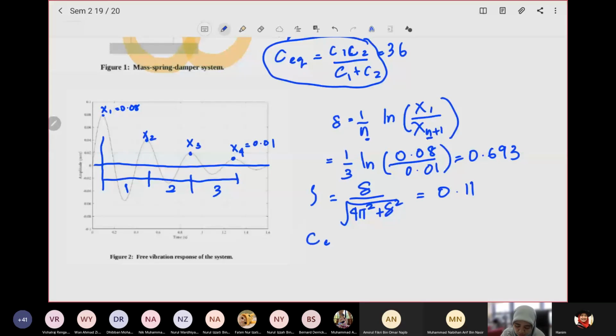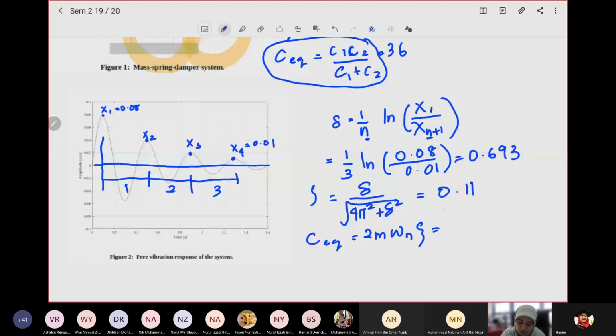First you write the equation of C equivalent related to your new value, 2m omega n zeta. If you substitute the zeta, you get 24.1 Newton second per meter.